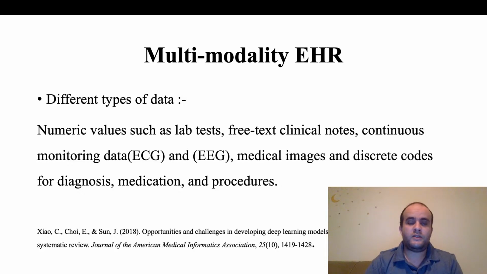Another challenge, which is also a future direction, is multi-modality electronic health records. We have numerical values such as lab tests, free text clinical notes, continuous monitoring data like ECG and EEG, and medical images.